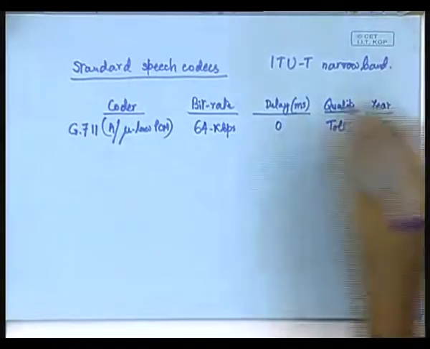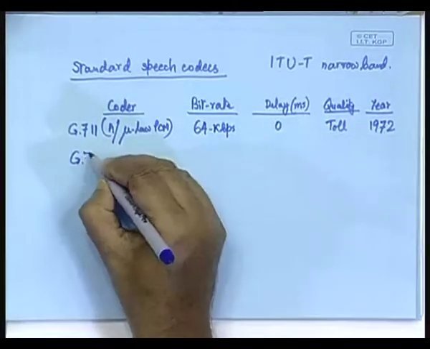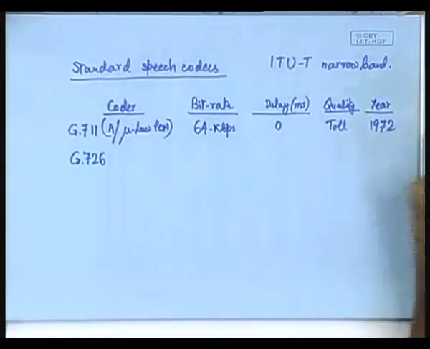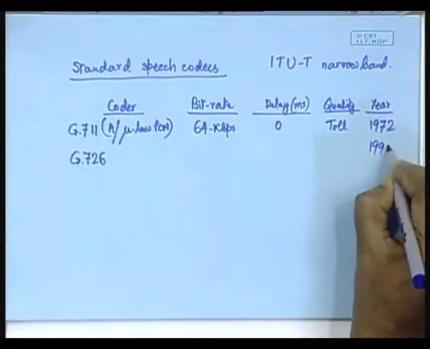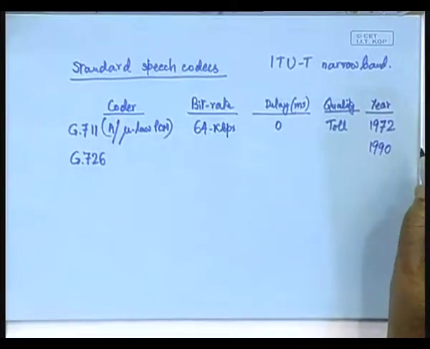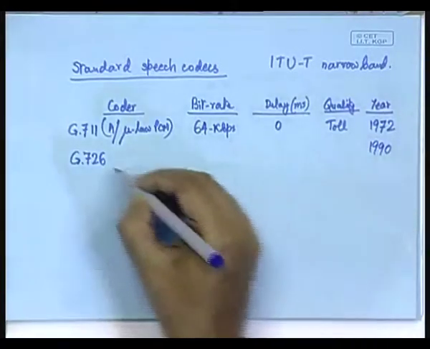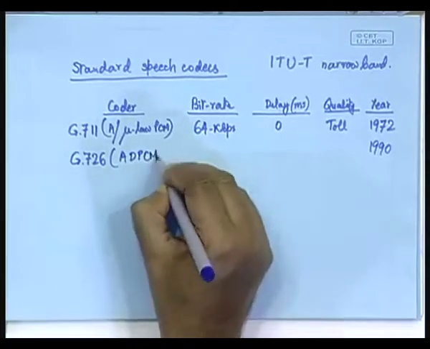The next encoder that we have is the G.726. In fact, G.726 came much later, in 1990, and it is based on adaptive differential pulse code modulation, which we call ADPCM.